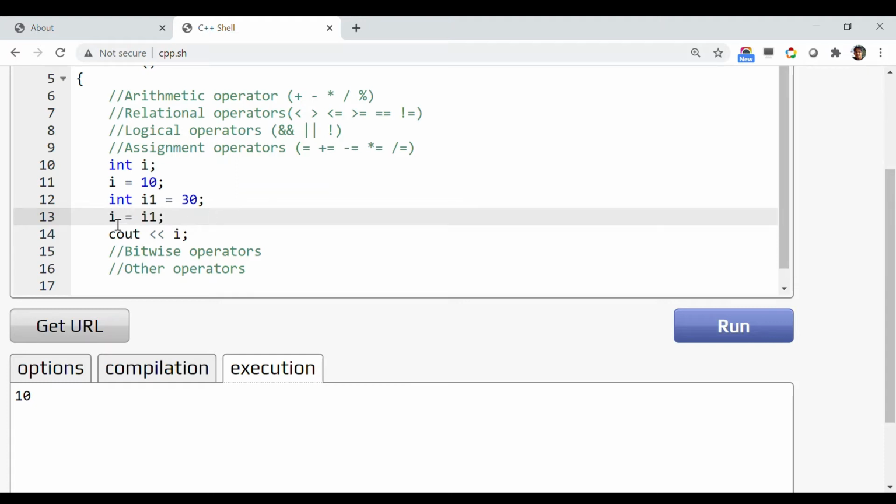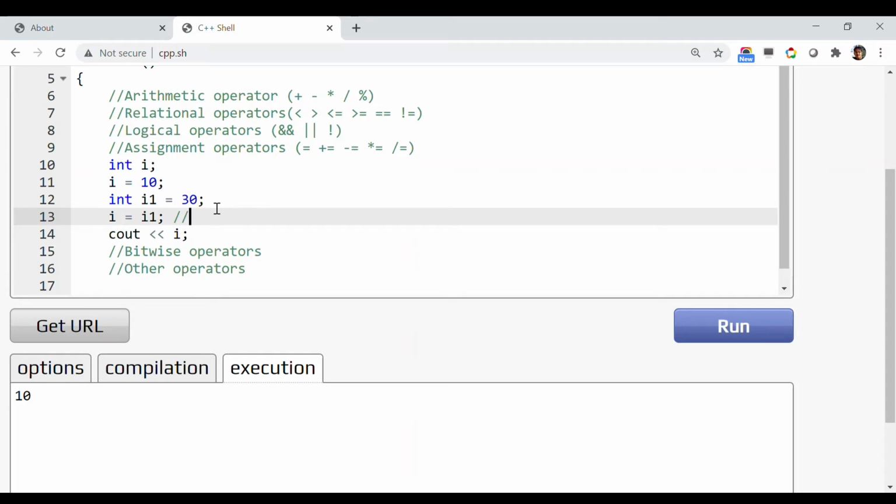What this expression will do is it will put the value of I1 inside I, not the other way. Be very careful about that. The right hand side operand's value will be put inside the left hand side, not the other way.